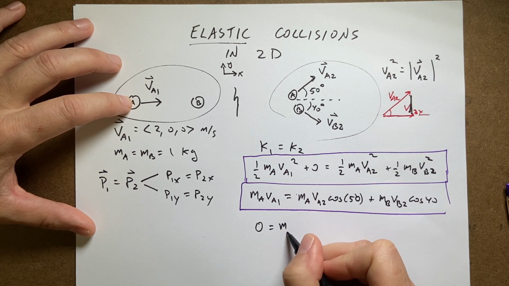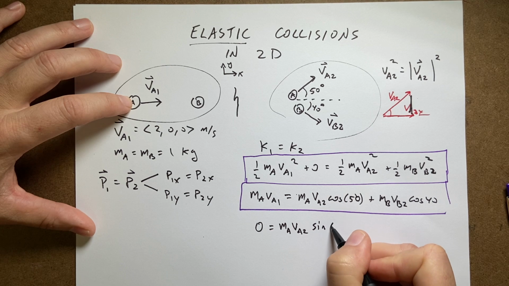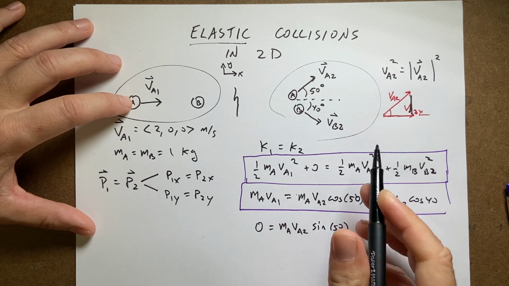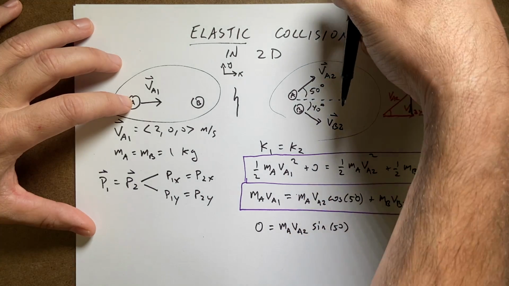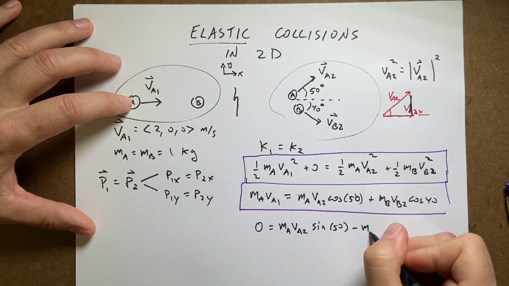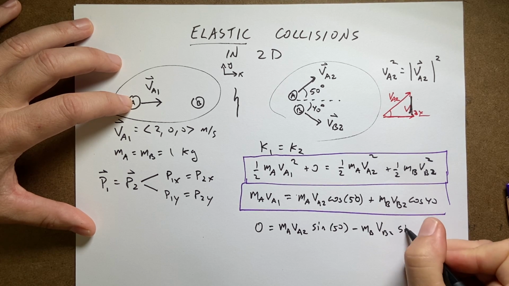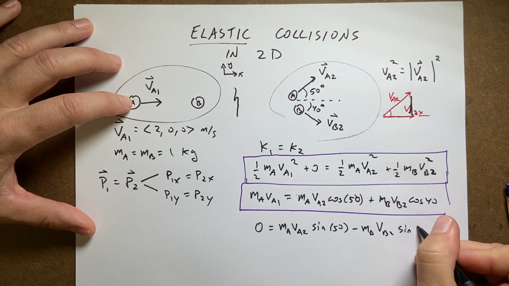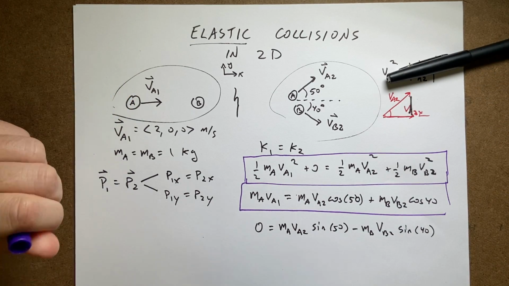So it's going to be ma va2 sine of 50. Now for b, it's going to be sine of 40, but it's also going to be negative, right? This is in the negative y direction. So I get minus mb vb2 sine of 40. Yep, purple box time.